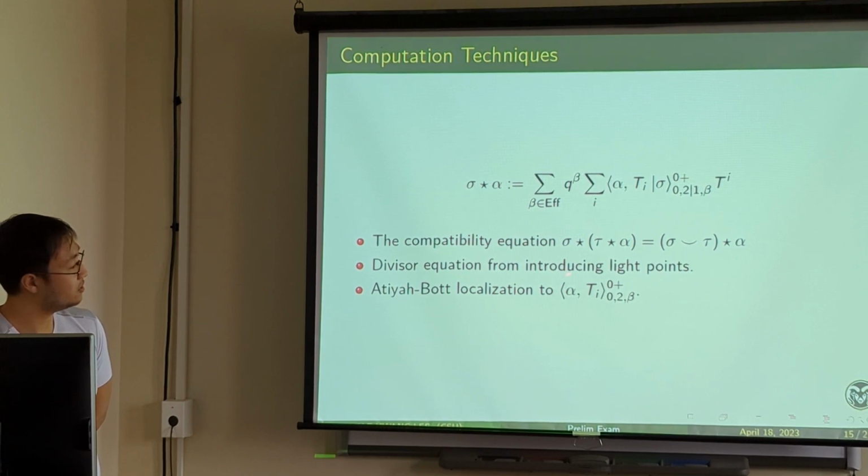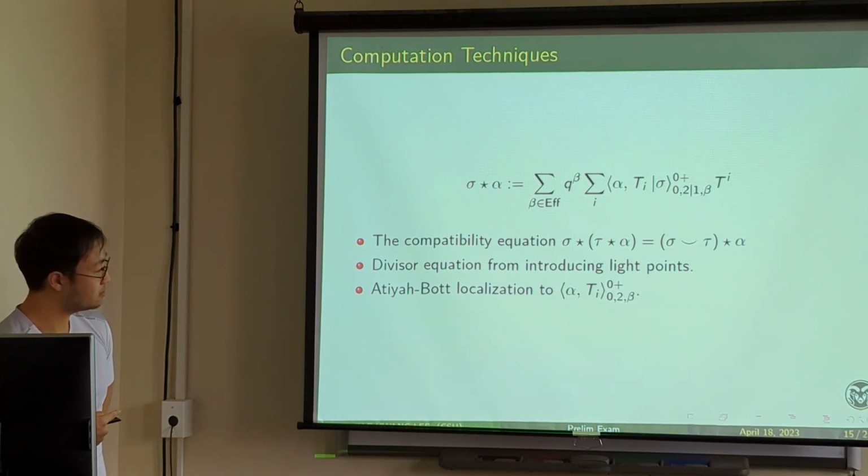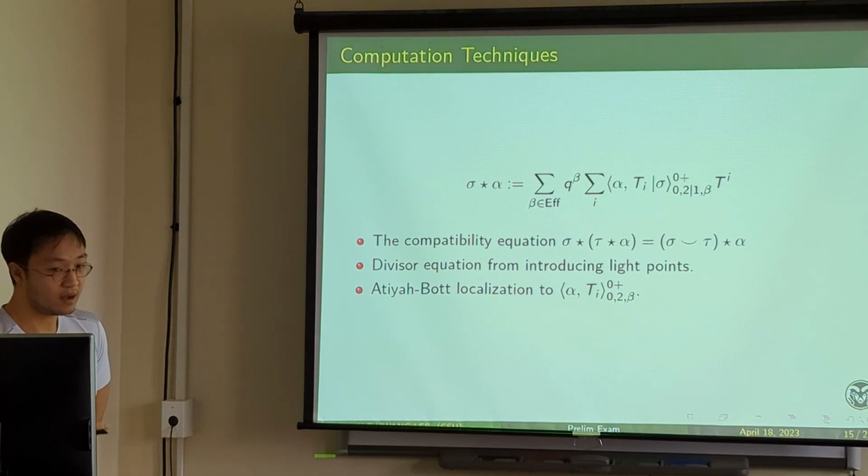Now this two-pointed invariant can be computed using Batyrev localization. So that's the steps, and this Batyrev localization computation also requires some amount of work.